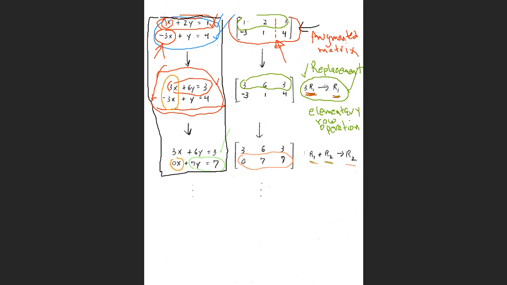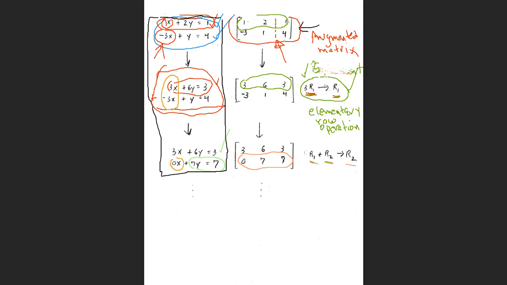This operation up here wasn't a replacement. This operation, where we did 3 times row 1 and put that result in row 1, that's called scaling. Let me see if I can just fix that right here.